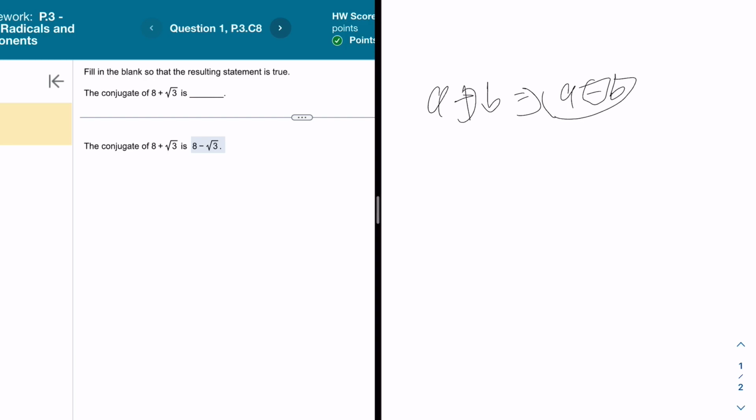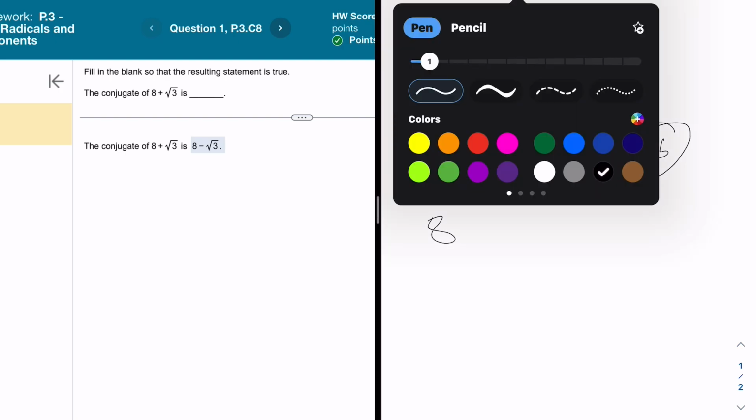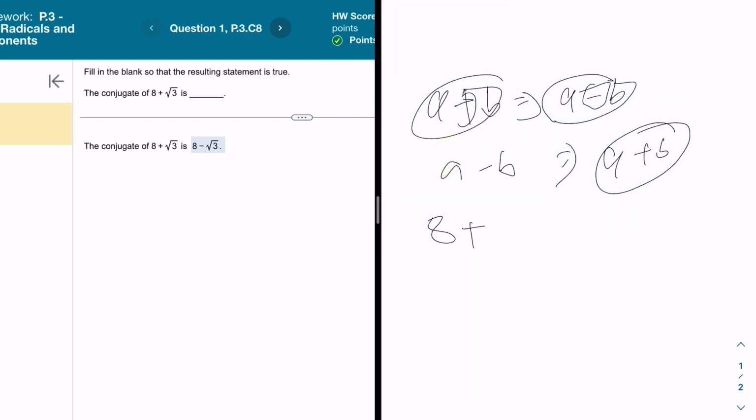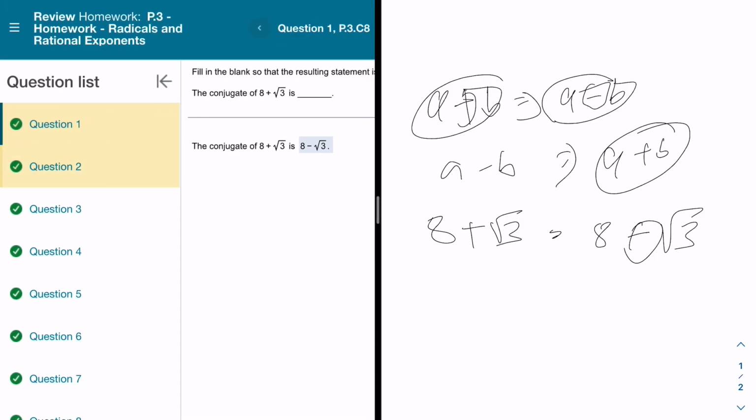This is the conjugate of this. And if our question is a minus b, then a plus b will be the conjugate of that. That's why, if our question is 8 plus root 3, we wrote 8 minus root 3. We just changed the plus and minus sign. Did you understand? Okay, now let's move to the second question.